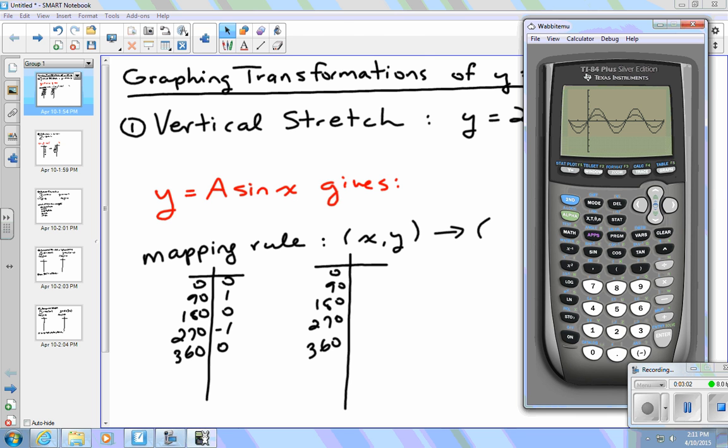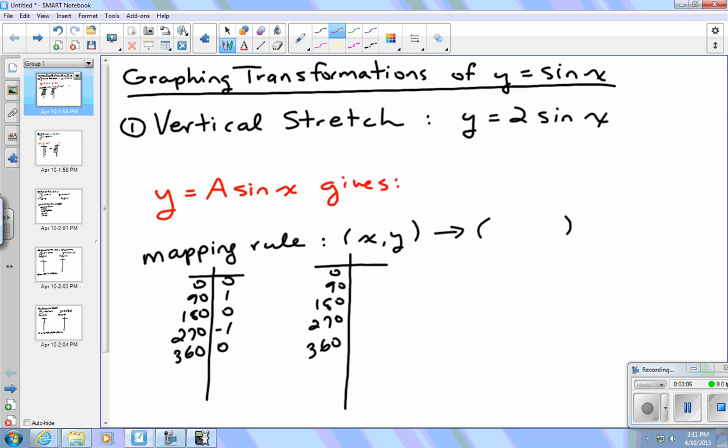So if we look now at what has changed, we now have a mapping rule that says (x, y) maps onto... our x's all stayed the same. Horizontally, nothing changed on that graph, but the y values were all doubled. So the mapping rule will be (x, y) maps onto (x, 2y).